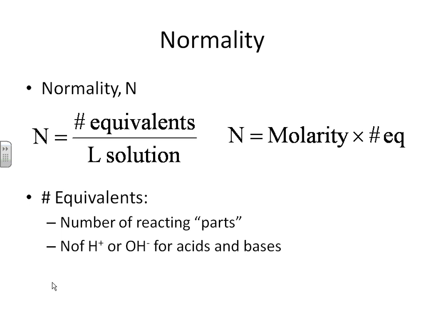Normality and molarity are related. Molarity is moles per liter. Moles does not take into account how many reacting bits something has. Molarity is just how many moles there are. But if you think about, for example, H2SO4, 1 mole of H2SO4 can produce 2 moles of hydrogen ions and a sulfate ion.